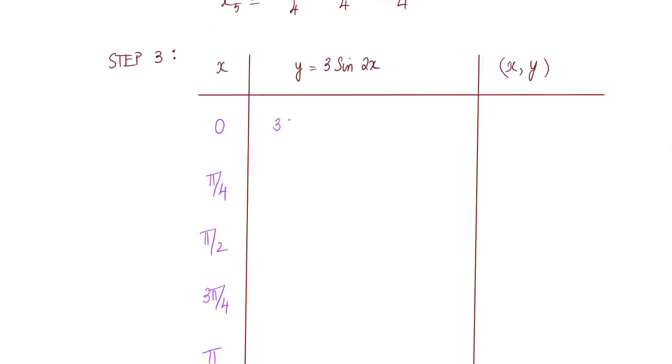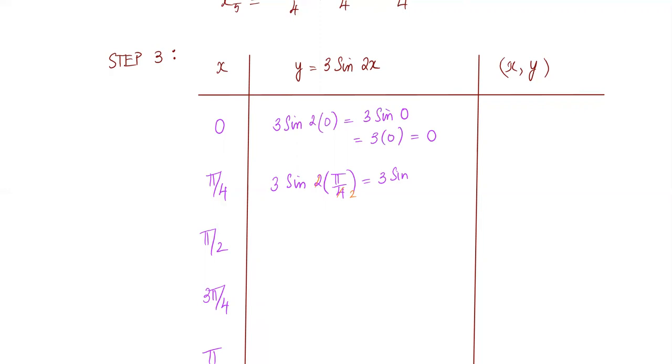Okay, so 3 sine 2x. In the place of x, we plug in 0, which is 3 sine 0, which gives us, again, 3 times 0 is 0. The next one, it's 3 sine 2 times pi over 4, which is 3 times sine, cancel the 2 and the 4, right?